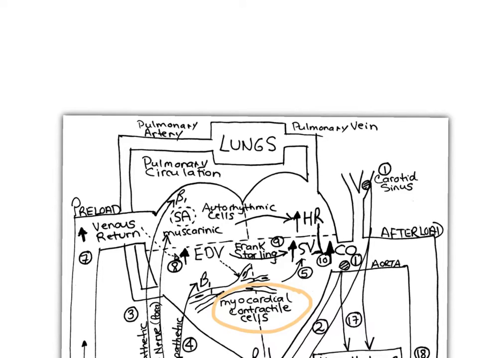These are the cardiac muscle cells, which are going to contract and cause systole in the atria and the ventricle. So the myocardial contractile cells, if they contract more forcefully, are going to increase the amount of blood that's pumped out per beat. Remembering that stroke volume is the volume of blood in milliliters or liters per beat.